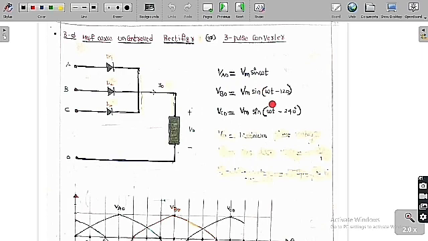These are balanced sources, and the phase difference of each with respect to another is 120 degrees.